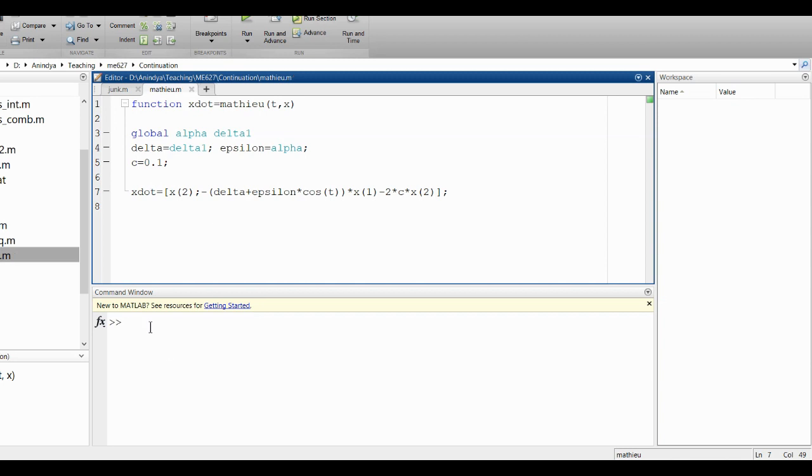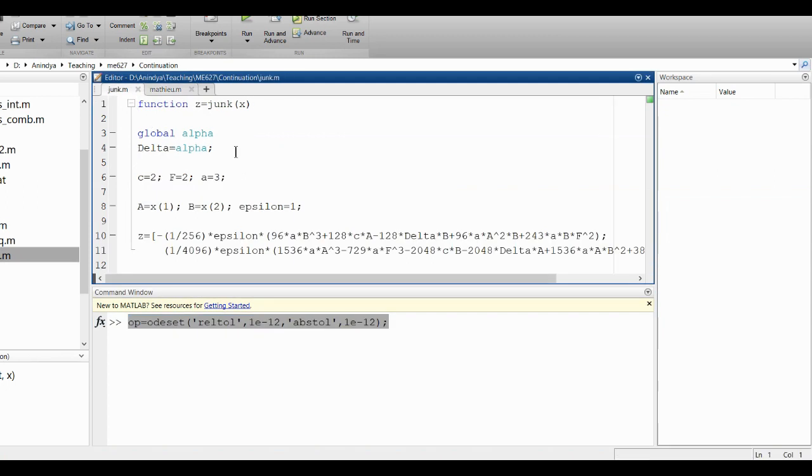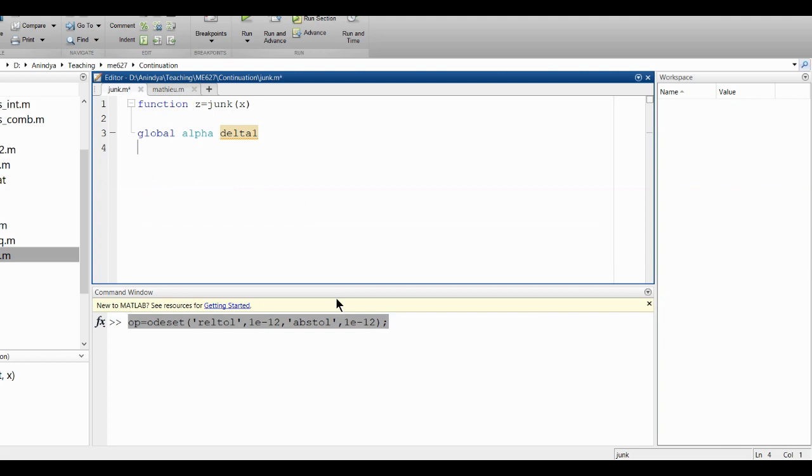Okay, now I'll come here and I will have my ODE solution accuracy. I will come here and I will say delta 1, get rid of the rest. Okay, then I will specify my integration accuracy.